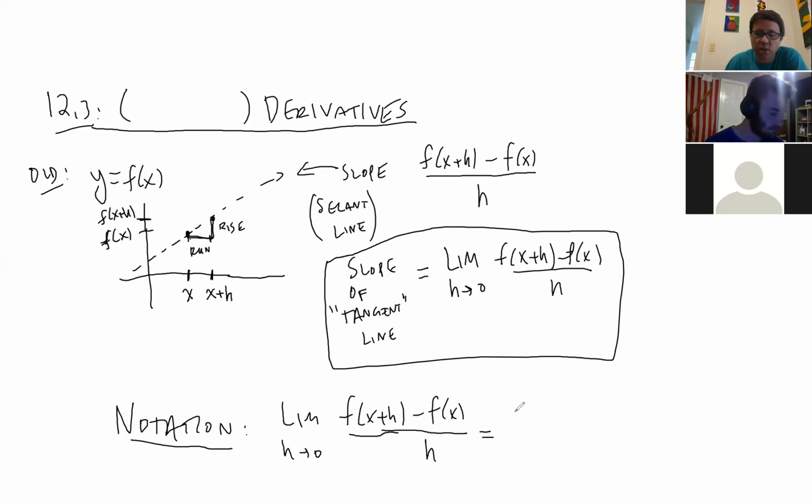We'll write this, sometimes we'll write it as f with a prime on it, and sometimes we're going to write it as this symbol here, where it looks like a fraction. We can treat it as a fraction, and so df dx is the way we read it. And in both of those cases, this is called the derivative.